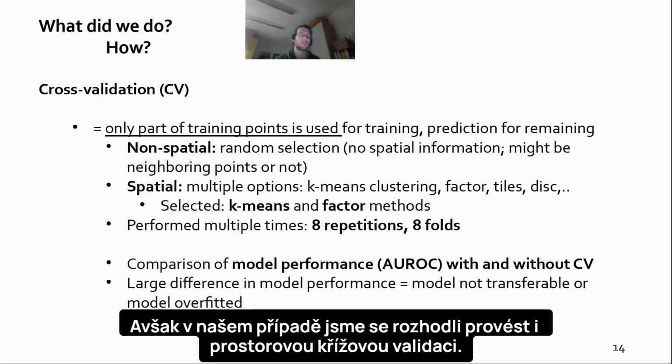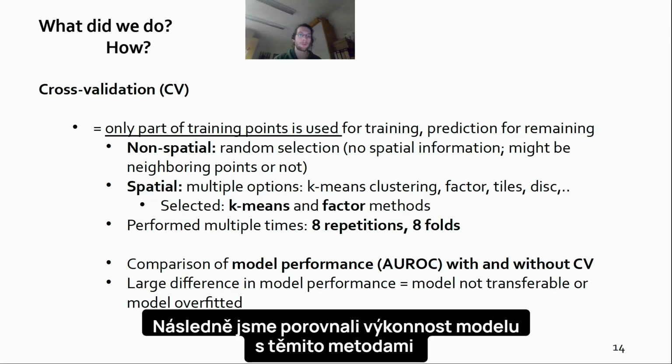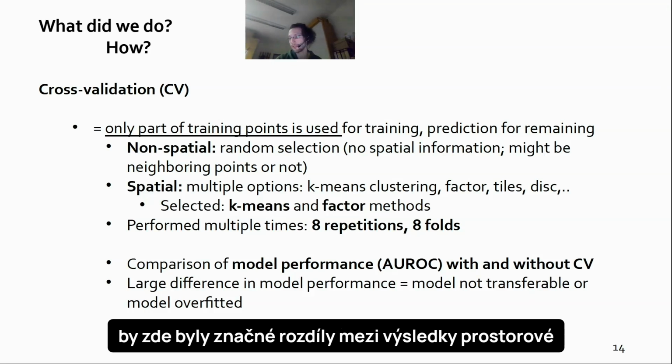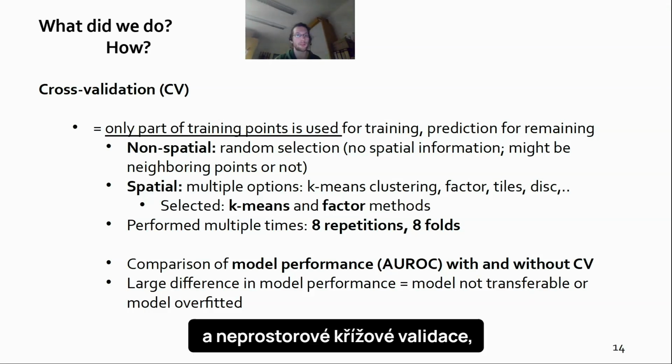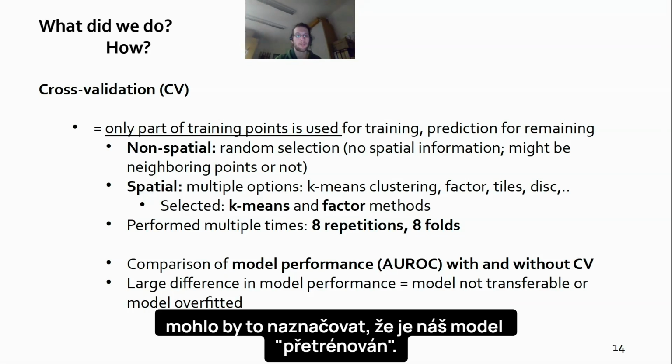But we wanted to also do spatial cross-validation, and we used the k-means clustering and the factor methods, and we compared the model performance with and without these cross-validation methods. Because if there was a large difference in performance between spatial and non-spatial cross-validation, it would be likely that the models were overfitted.